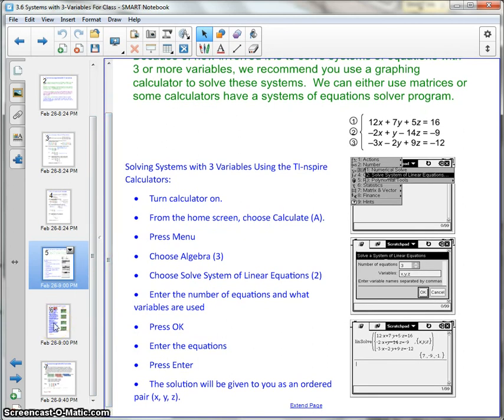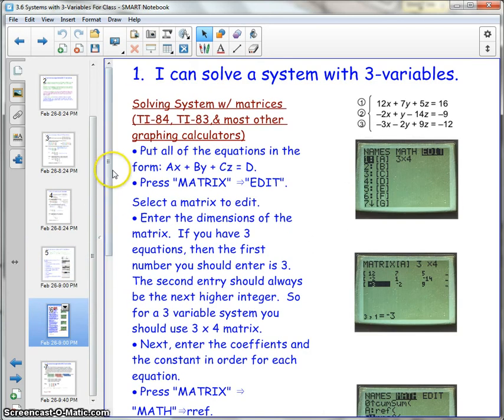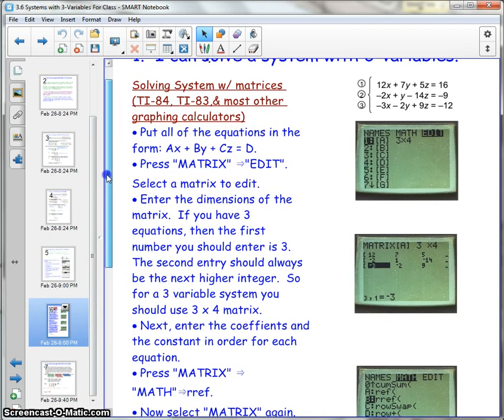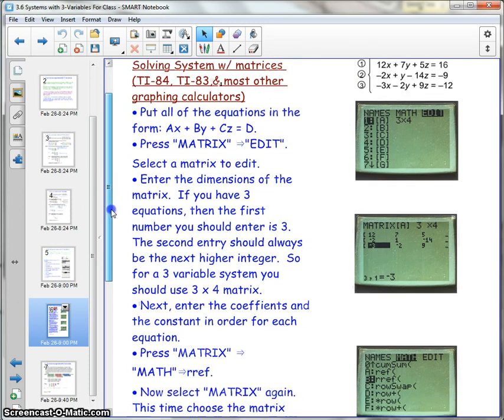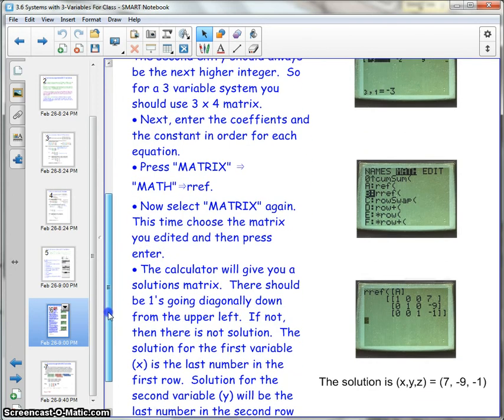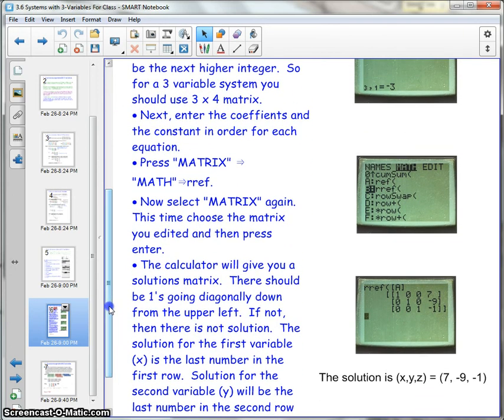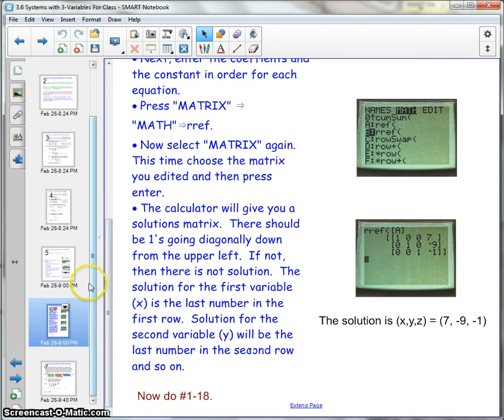If you do, feel free to practice a couple examples. What I want to jump to now is show you this next page in your notes, and that is if you have a TI-84, TI-83, or some other type of graphing calculator, you can use matrices to solve the system with 3 variables. We will go through more examples like that tomorrow, but if you would like to attempt a couple with your calculators at home, feel free.